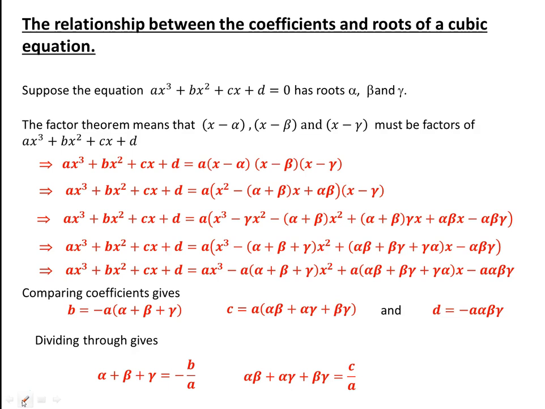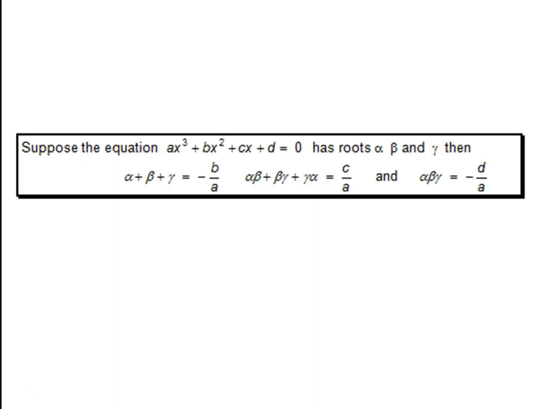And if we divide each side of the third equation by minus a, then we get minus d over a equals alpha beta gamma. And these three results are going to be very important as we deal with questions involving cubic equations.